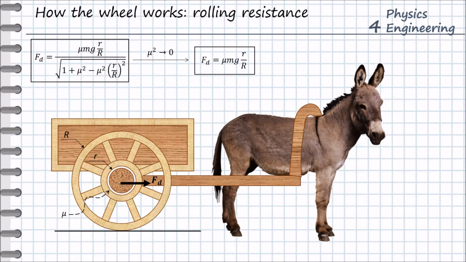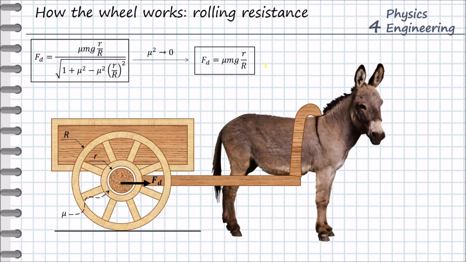If we now make the approximation that mu squared approaches 0, which corresponds to real conditions, because mu is typically a low value, then we come up with the following simple equation, which is easy to remember: our driving force is proportional to the gravity force times the friction coefficient times the ratio between the shaft radius and the wheel radius.